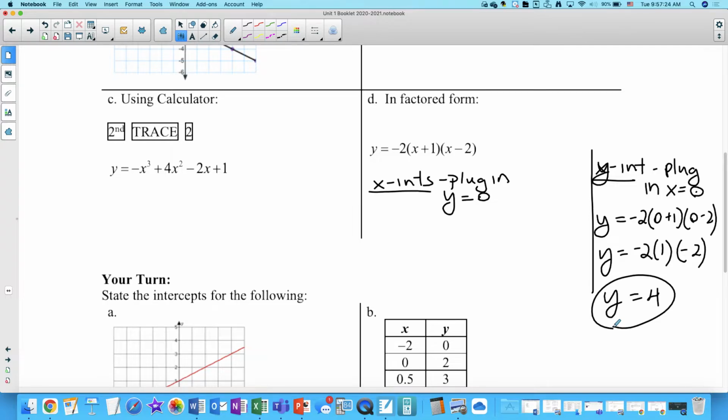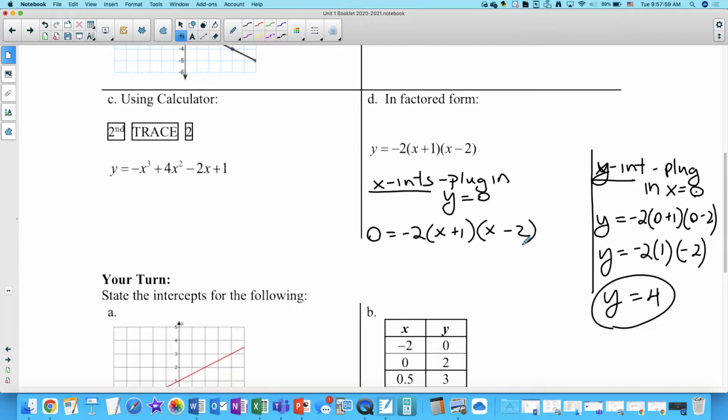The other scenario is not quite as straightforward because here we're going to plug in a 0 for y. So this equation becomes 0 equals -2 times x plus 1 times x minus 2, and we have to solve this. To figure out what value of x would make the left side 0, you kind of have to think along these lines.